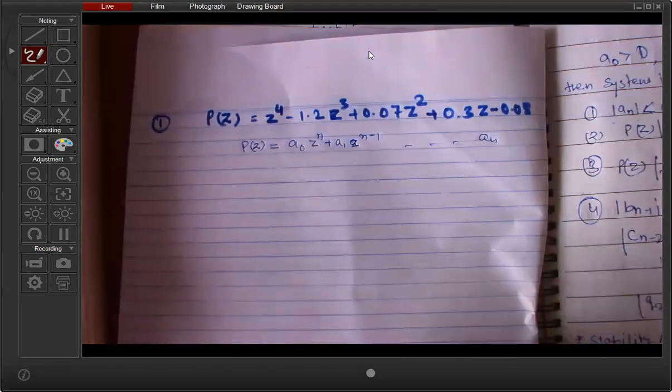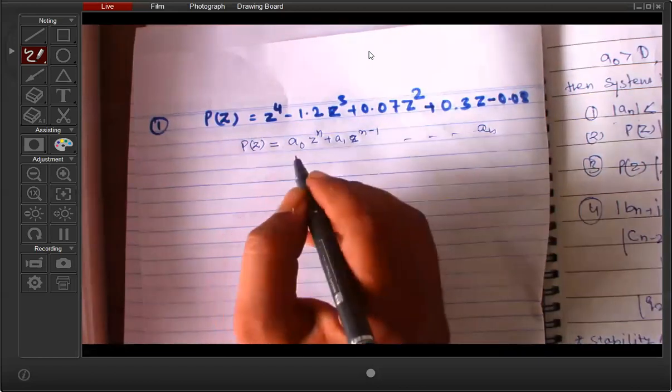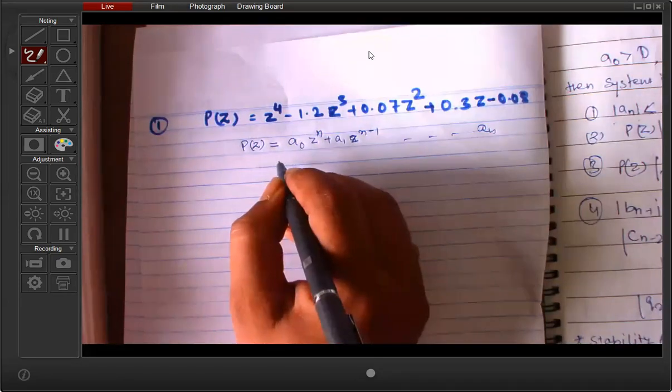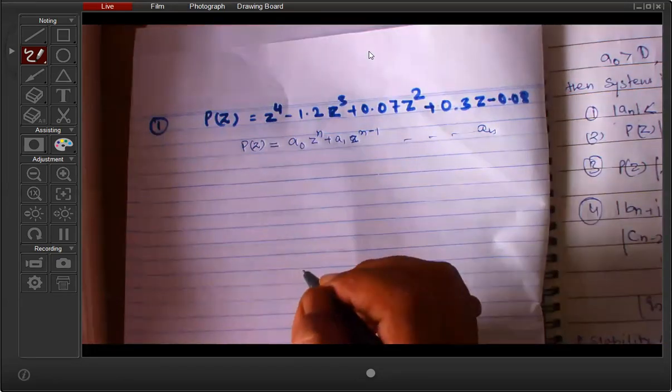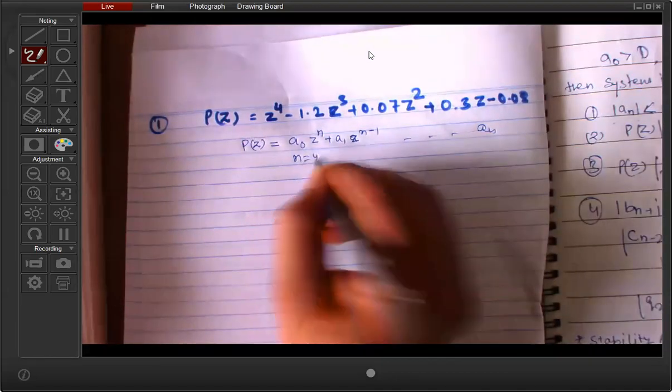Yes or no? So what is the order of the polynomial? 4, sir. That means n is equal to 4.